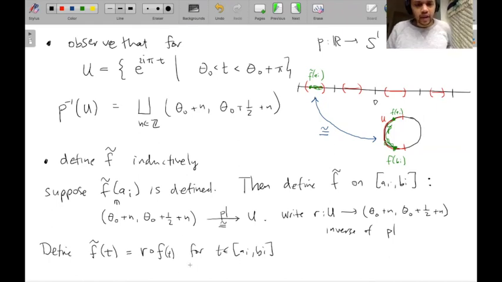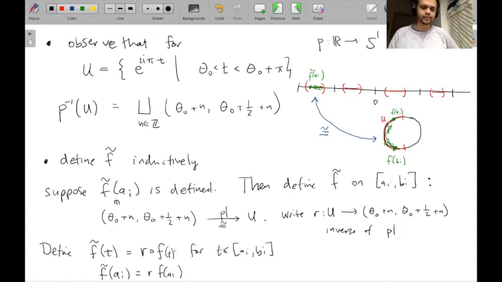Right, so the only thing that we should check, well, observe that f tilde of a_i is, so let's see, what do we do? We do f of a_i, and then we do R, but this is a topological equivalence.